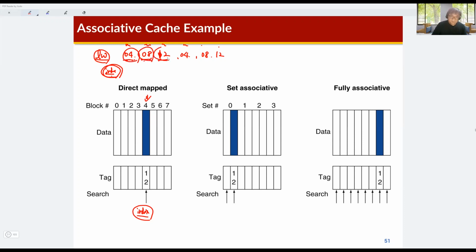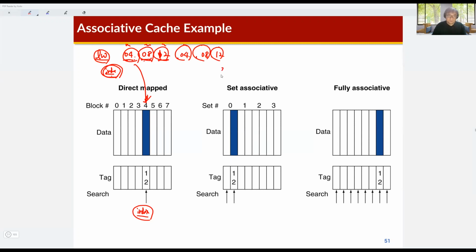The data is just stored to the same cache location, the same cache block. So even though the cache has many other cache blocks, only the same block is used for storing the request data. So the cache space is wasted.